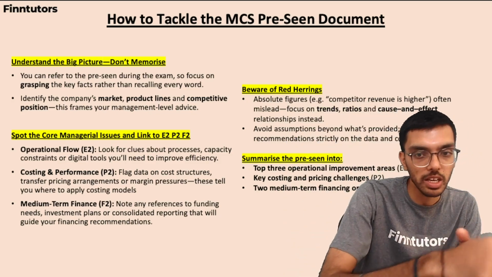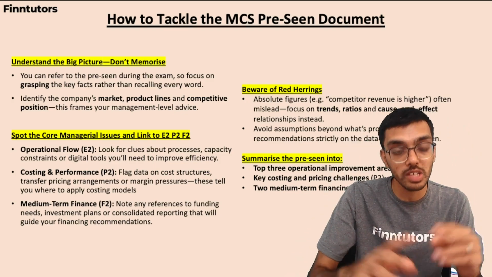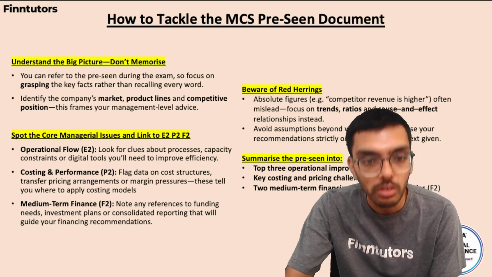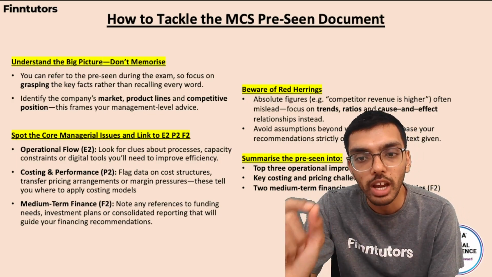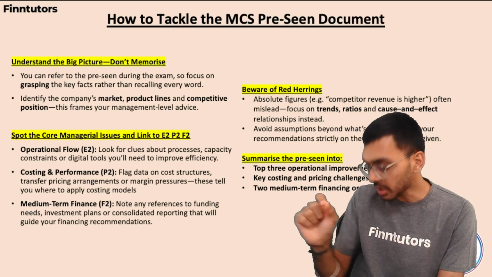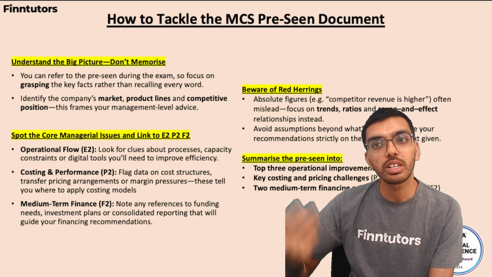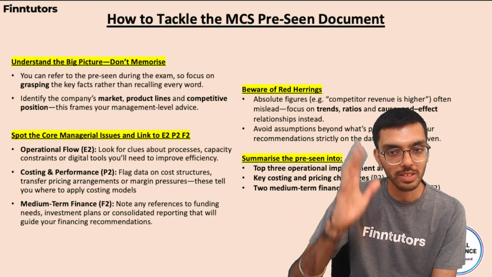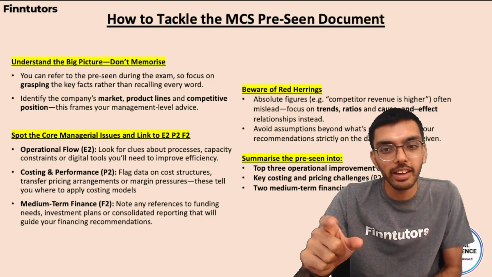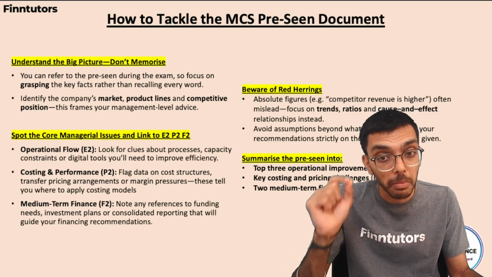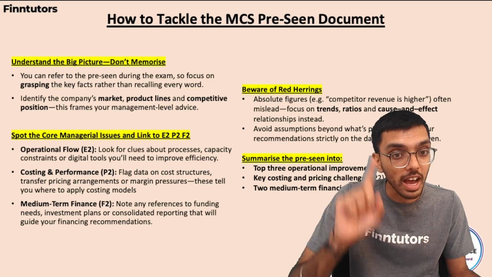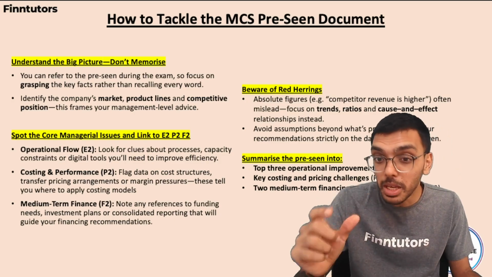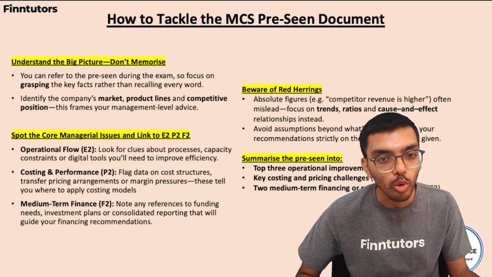But if you're self-studying, or even if you're going through the pre-seen by yourself with my document, your job should be to look out for E2, P2 and F2 concepts. For example, in the first line, if it says that we are a multinational company, straight away there should be a light bulb in your mind. Multinational, different currencies, IAS 21, foreign currency transactions from my F2 syllabus becomes an important discussion over here.